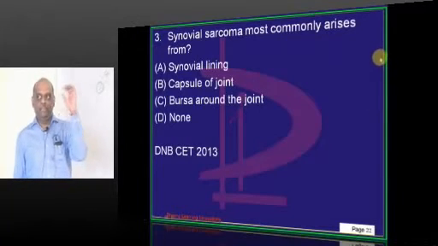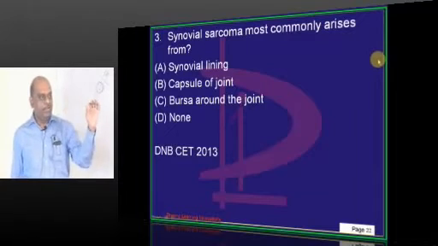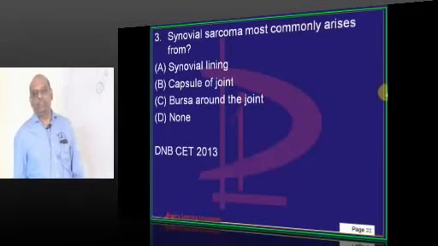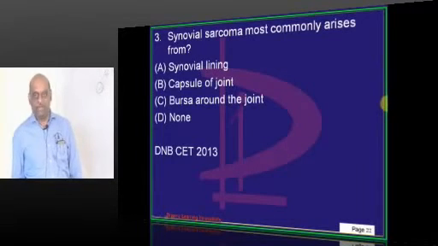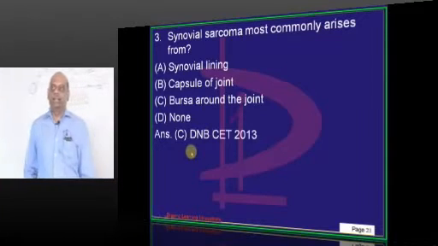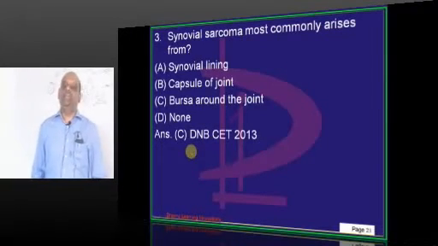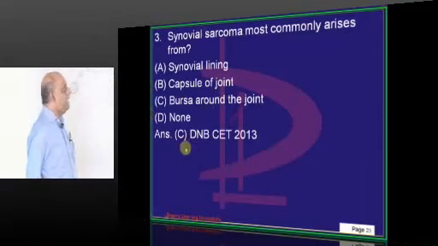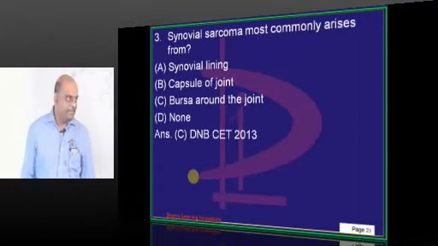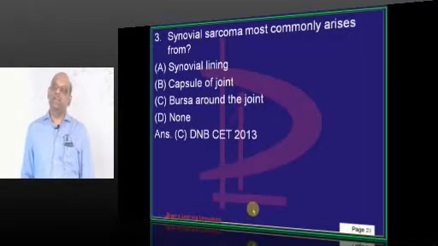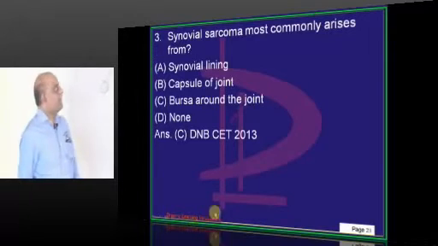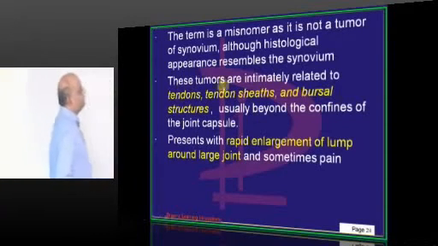The next question is once more on synovial sarcoma. So the examiner has some uncanny look on synovial sarcoma, but these are the 3-4 points that you need to remember about it. It is a misnomer actually. It doesn't arise from synovium. It actually arises from the bursa around the joint, not from the synovium. But still it is called synovial sarcoma because initially they confused it.